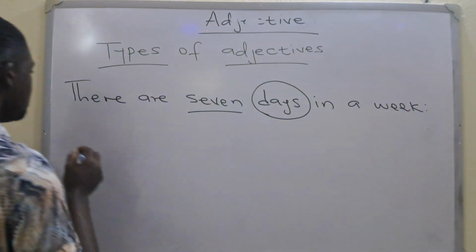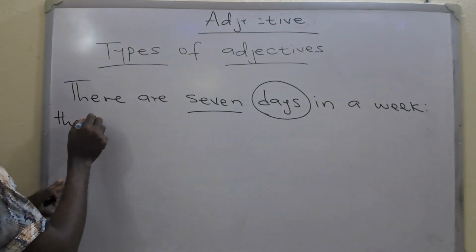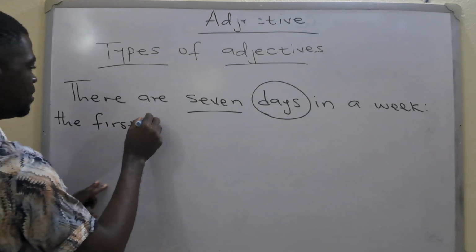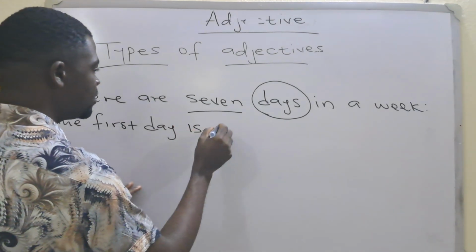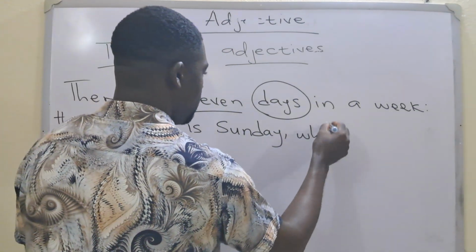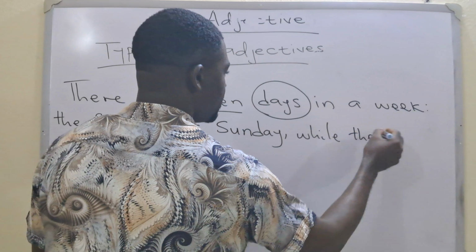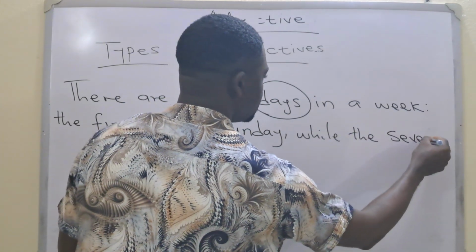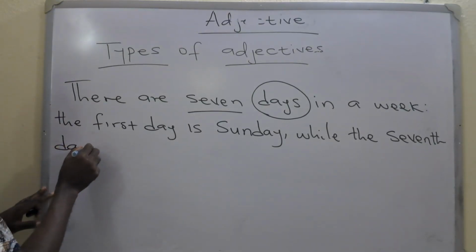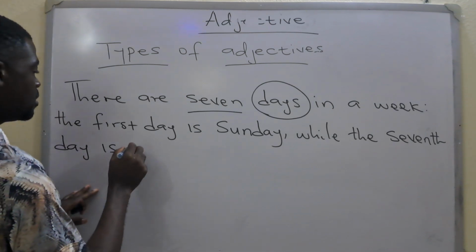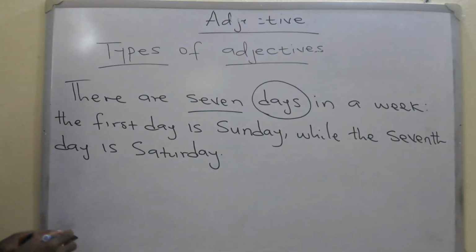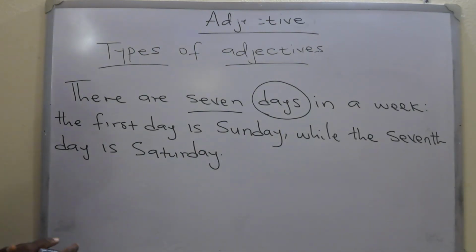And we can go further by saying the first day is Sunday, while the seventh day is Saturday. There are 7 days in a week.